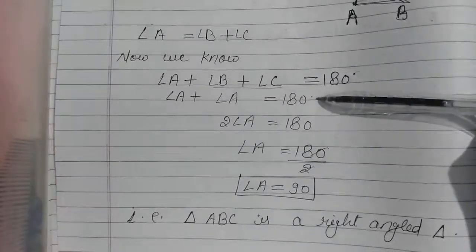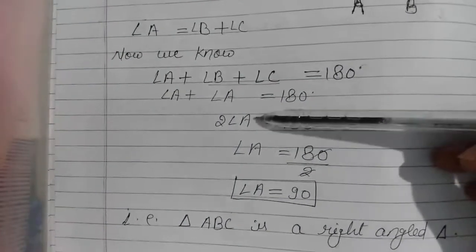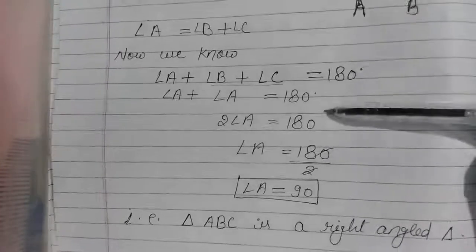Now angle A plus angle A is 2 angle A, equal to 180 degrees.